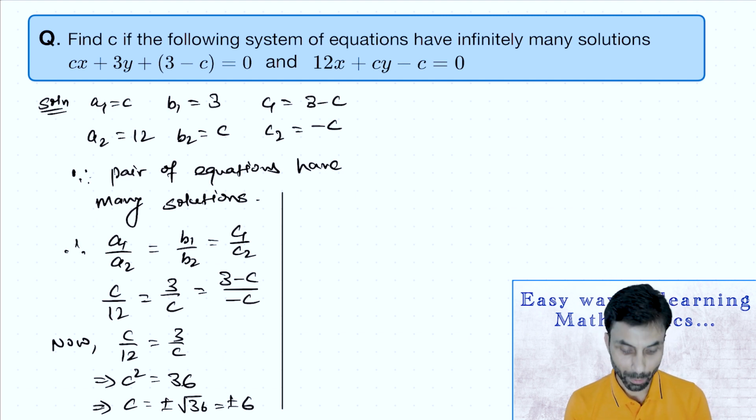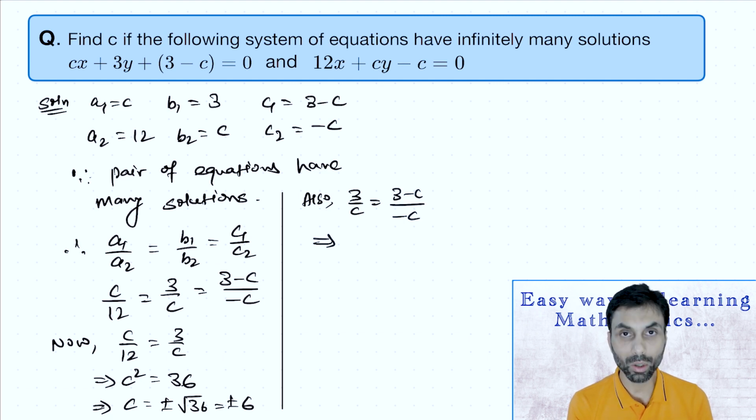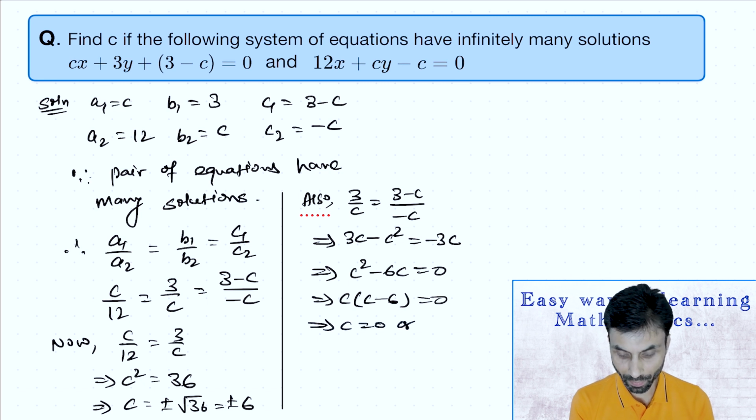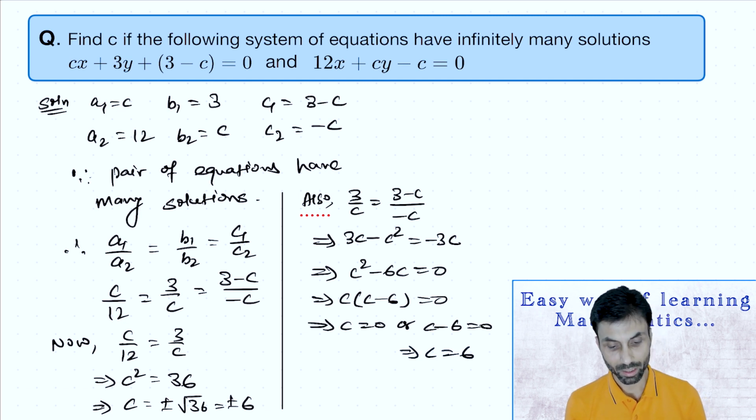Next, if you take the next two pair, we'll get 3 upon C equals 3 minus C upon minus C. On cross multiplication, we'll get 3C minus C square equals minus 3C. Bringing all the terms to one side, we'll get C square minus 6C equals 0, which means C is common, C into C minus 6 equals 0, which implies C equals 0, or C minus 6 equals 0, which gives C equals 6.